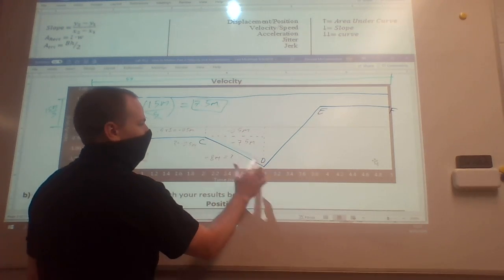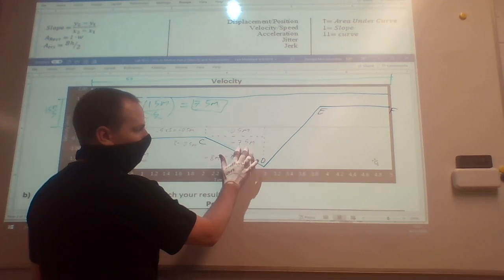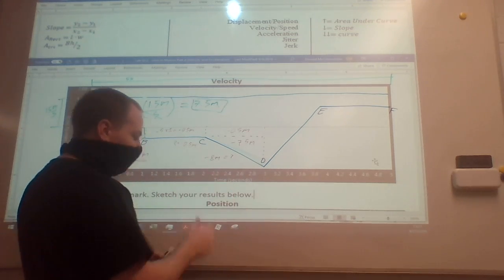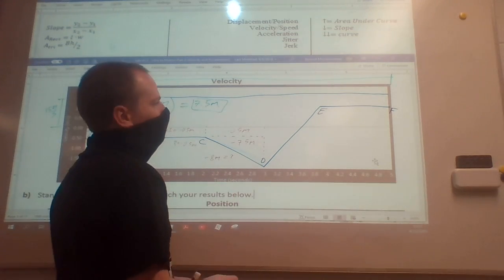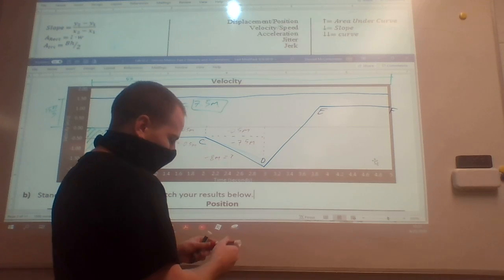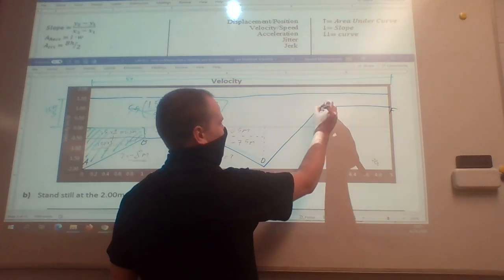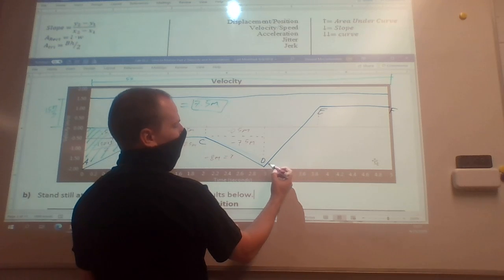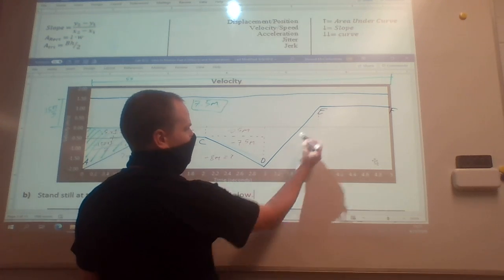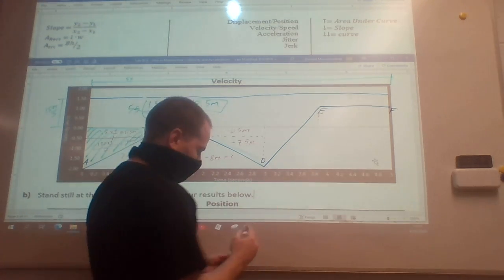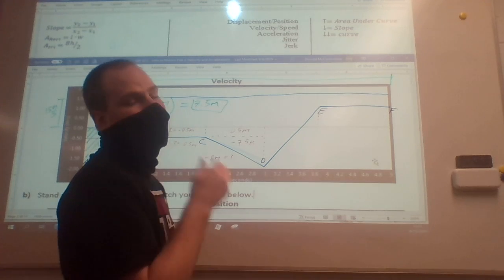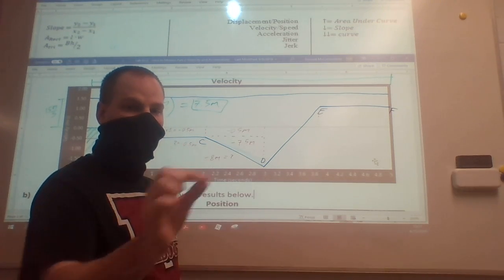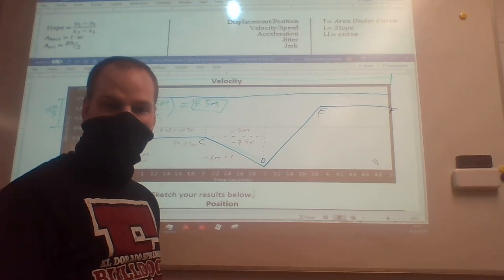And the area of the triangle is still going to be negative 7.5, so it's also negative 8. Now, the next one I want you to take a crack at is DE. I want you to figure out the displacement from D to E. You're going to have to calculate it as two separate triangles instead of a triangle and a rectangle this time.